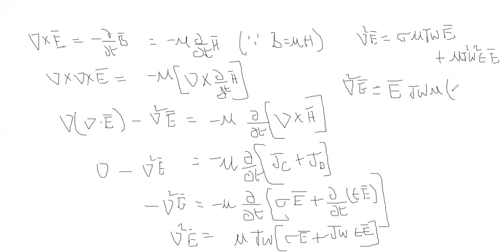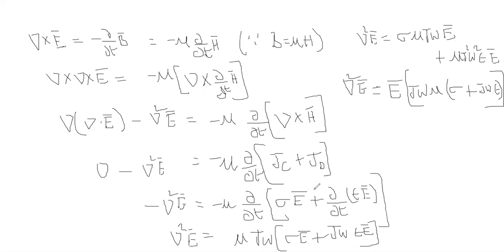J omega mu E bar is gone, and sigma plus j omega epsilon remains. So del square E bar is equal to E bar into j omega mu into sigma plus j omega epsilon.